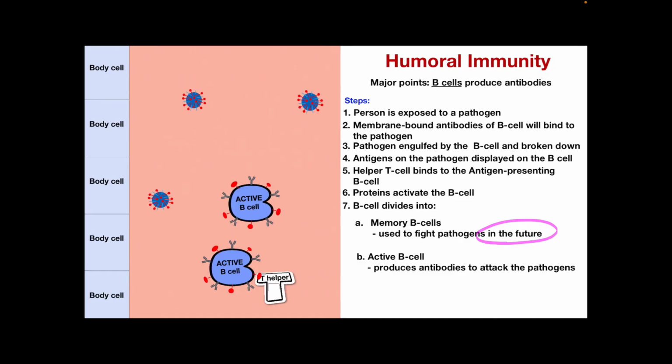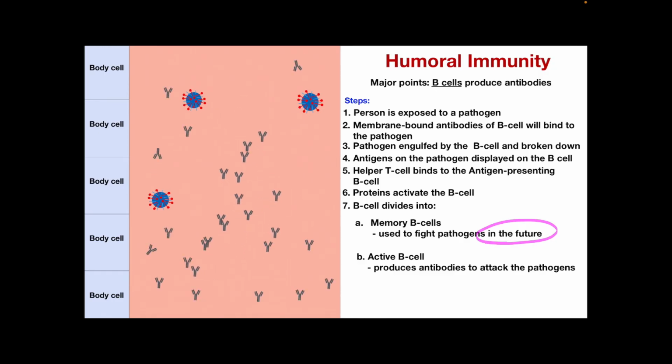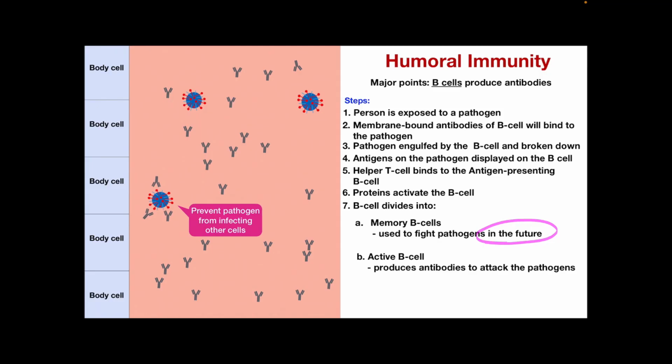Once the antibodies are produced and released in the plasma, there are three things that might happen. Number one, the antibodies will attach to the antigens of the pathogens, which will prevent the pathogen from infecting other cells.